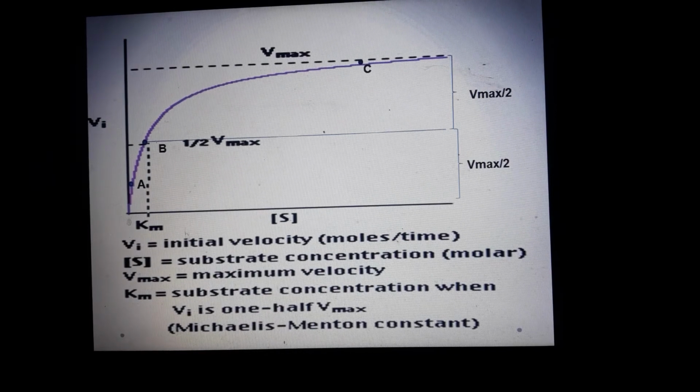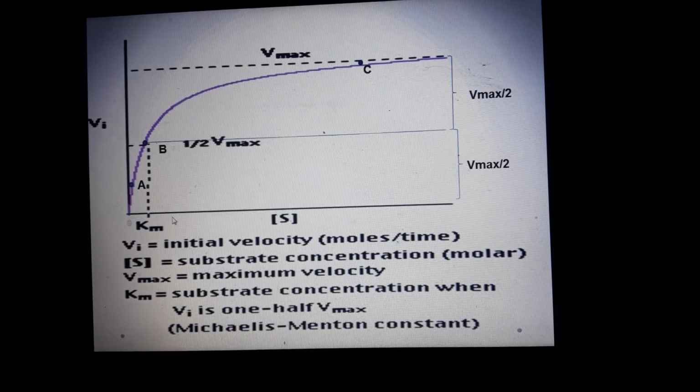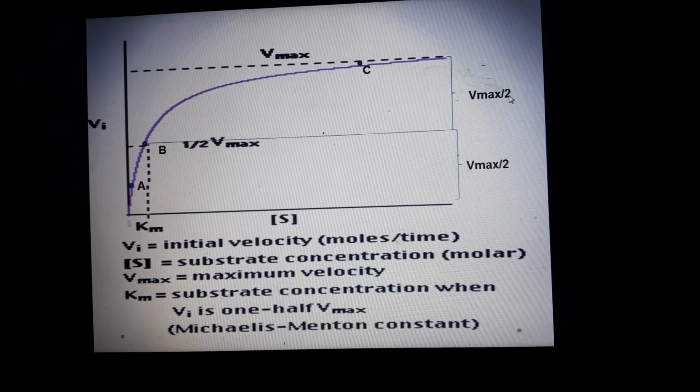So, initially, we have here the Vi represented by A, B, and C. Your C is the Vmax. Your B is 1/2 Vmax, so Vmax is divided by 2, because that is your maximum.